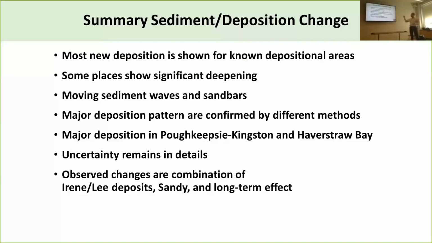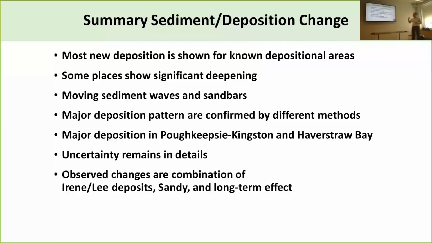There were differences in some places between the different methods and the model, but I think the overall pattern is pretty consistent. The major deposition areas that we identified are the stretch between Poughkeepsie and Kingston, and Haverstraw Bay.